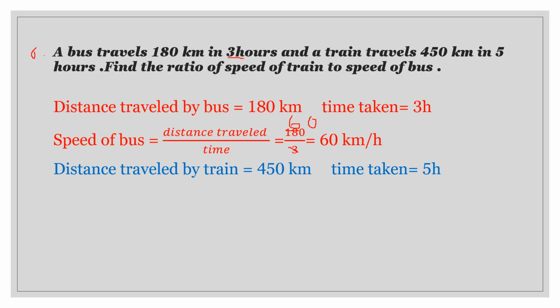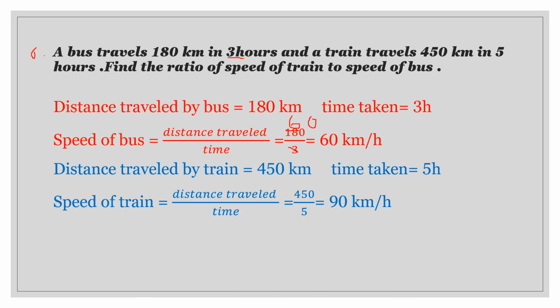So speed of the train is distance by time, 450 by 5. 5 nines are 45 and 0. So this is 90 km per hour. So I have got the speed: the speed of the bus is 60 and the speed of the train is 90 km per hour.